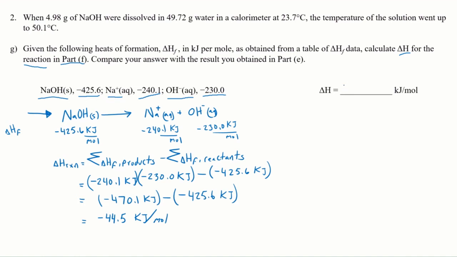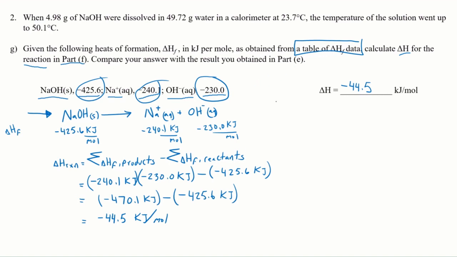So the answer is negative 44.5 kilojoules per mole. Now this here is the literature value, because the values that I used are coming from a table of delta H of F, or the heats of formation table.